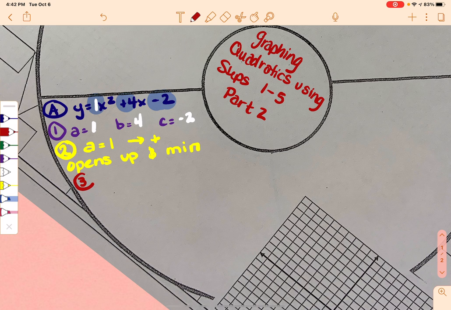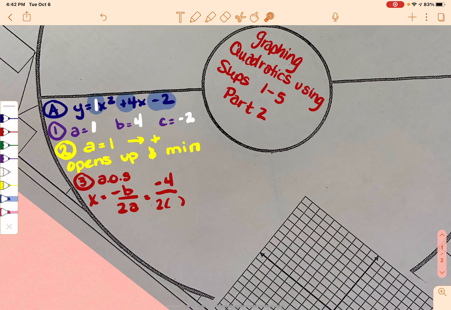Now for step 3, we're going to do our axis of symmetry. So I have x equals negative b over 2a. Every time we've done this, I've rewritten that because I want to make sure I'm getting a good understanding of how to do it. So my b value is positive 4, so the opposite of positive 4 would be negative 4.